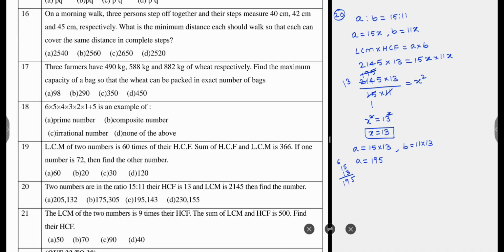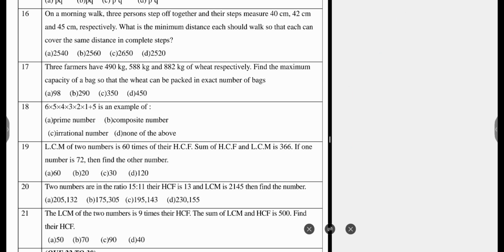A is 195 and B is 143. So 195 and 143. Option C is correct.